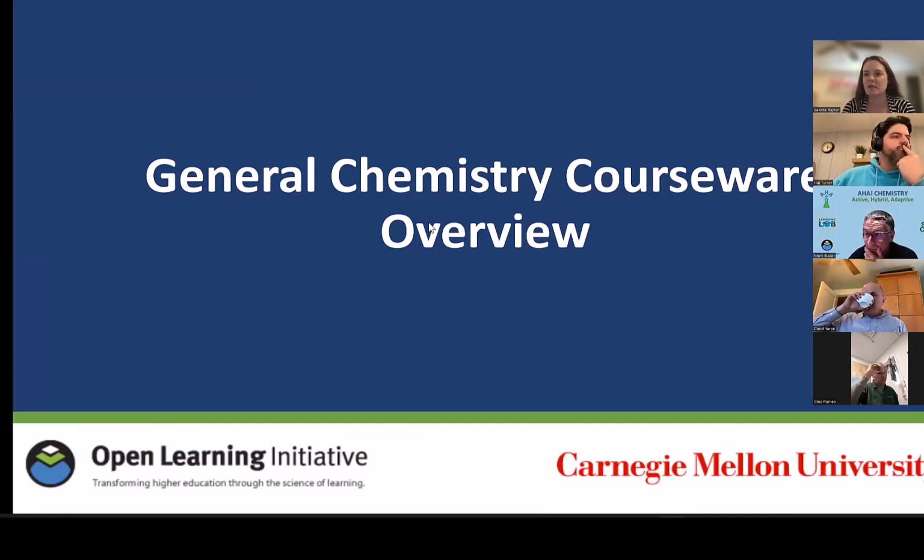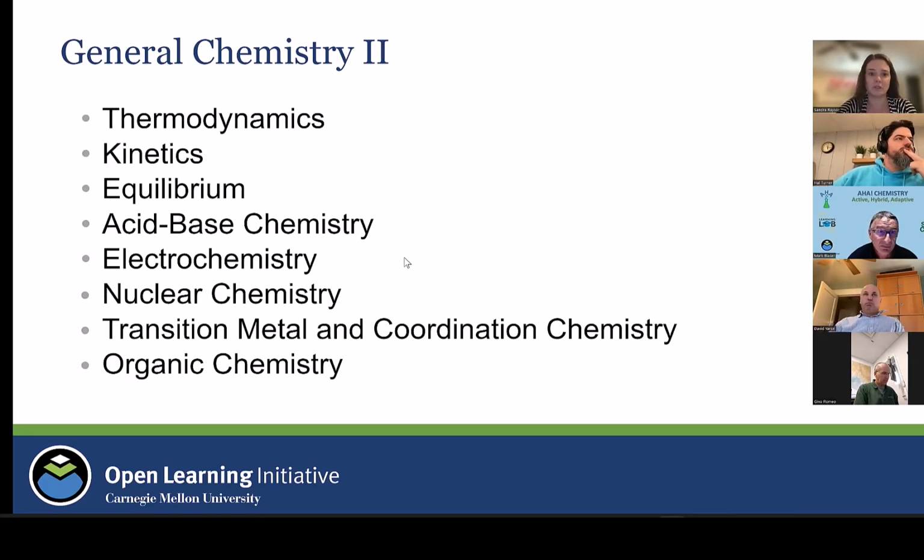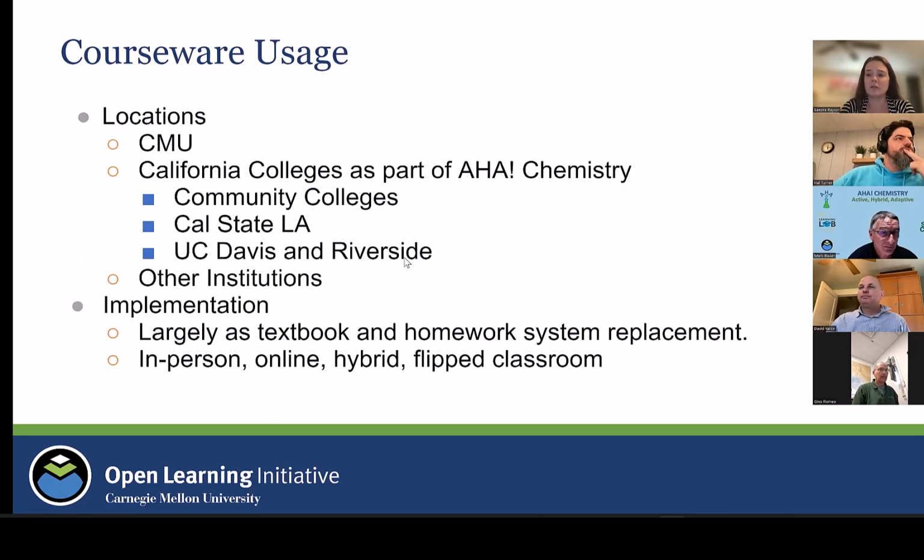Hey, everyone. I'm going to take you through a module in the courseware and point out some of the key features. The content that is covered is the basic topics that are covered in a year's worth of general chemistry, so general chemistry 1 and 2. The courseware is currently being used at over 20 institutions.